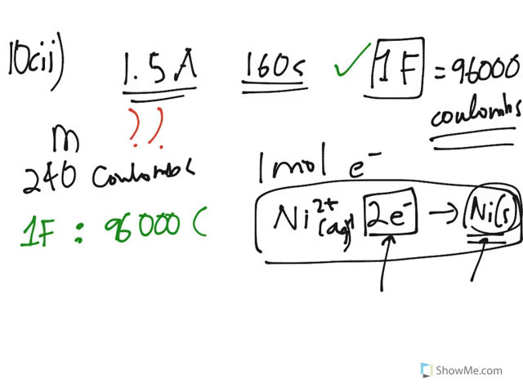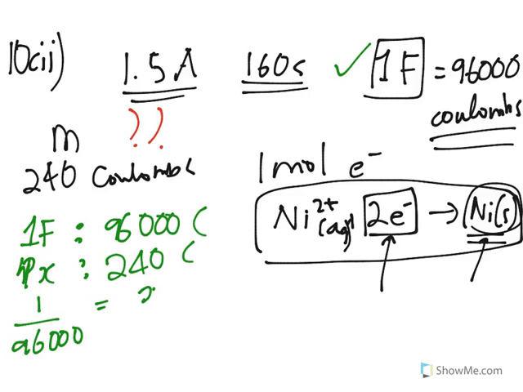Okay? So again, this is ratios. So how many Faraday, or X Faraday, is to 240 coulombs? So now we can equate these. So 1 over 96,000 equals x over 240.